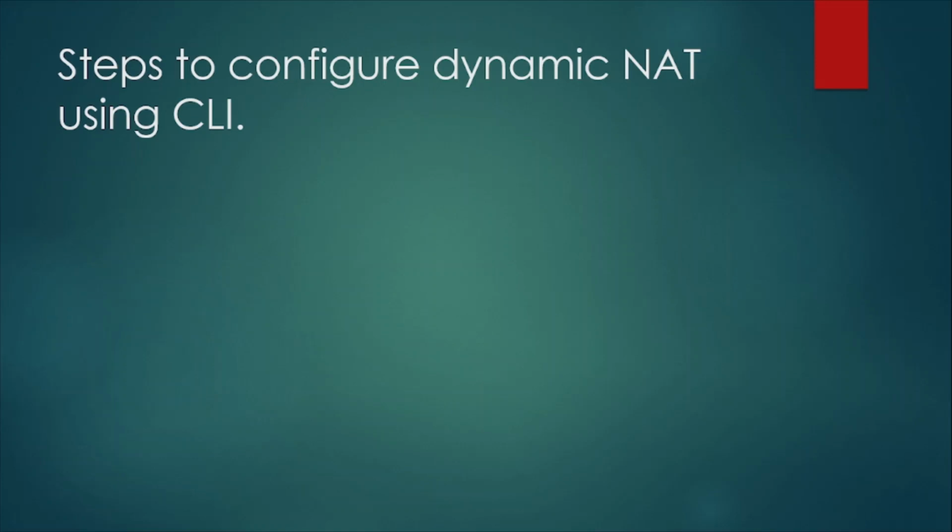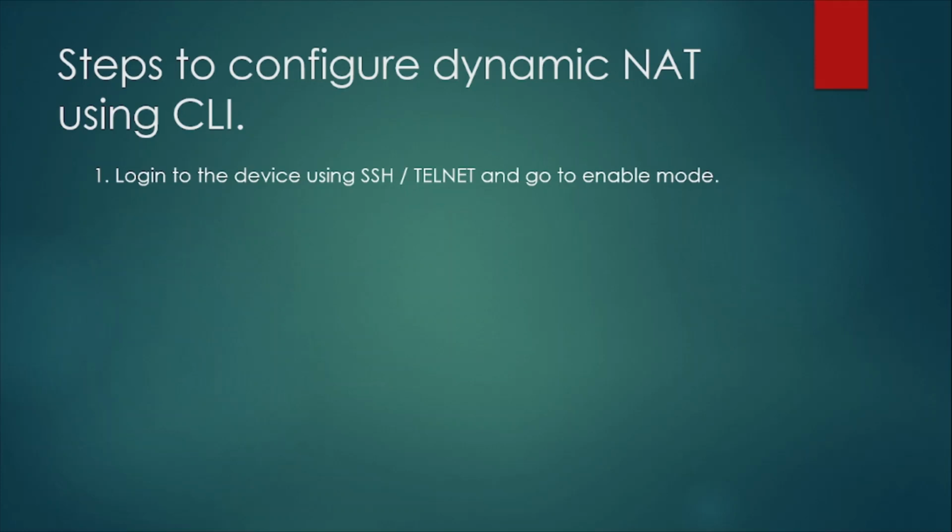So these are the steps to configure dynamic NAT using the command line interface, CLI, and we have to log in to the device using SSH. Of course, we will show you this in Packet Tracer, whereas on a physical router, you have to log in using Telnet or an SSH session to enable mode.